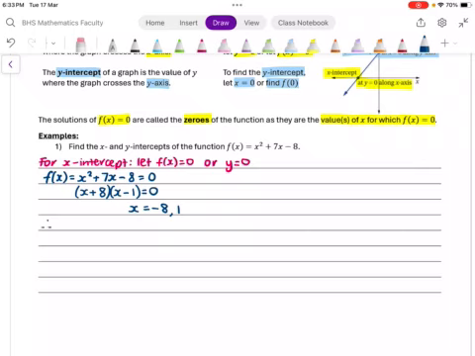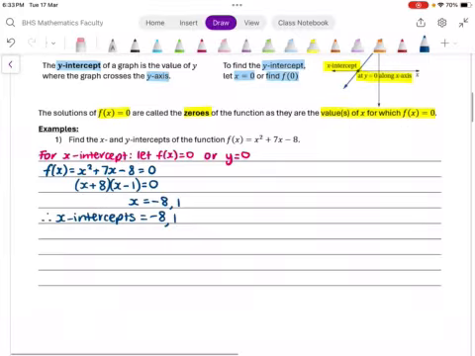This means that therefore our x-intercepts equal minus 8 and 1. For our y-intercept now, we let x equal 0, or in this case, because we have f of x, we are going to find f of 0, which is really just letting x equal 0.